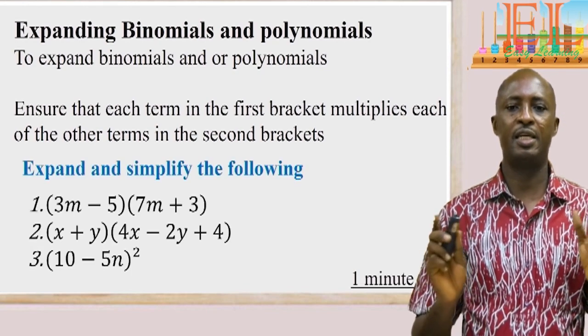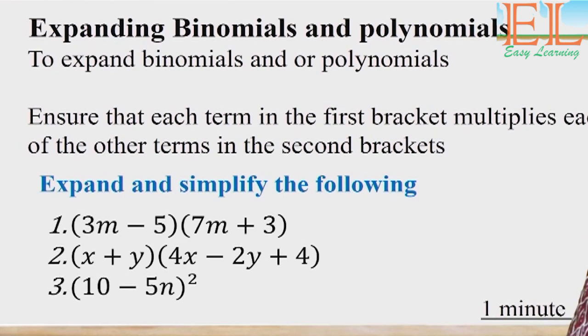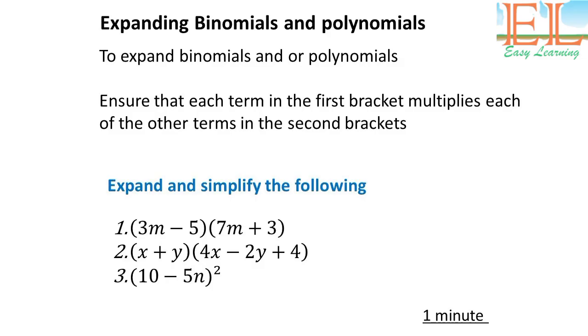Now let's look at these examples. Expand and simplify the following. 1. 3m minus 5 times 7m plus 3. Here 3m minus 5 is in a bracket, 7m plus 3 is in a bracket.